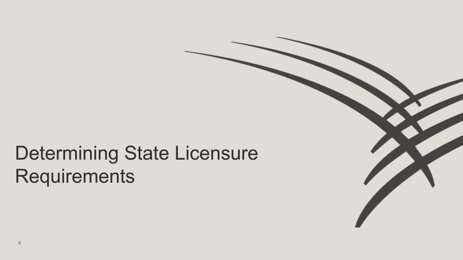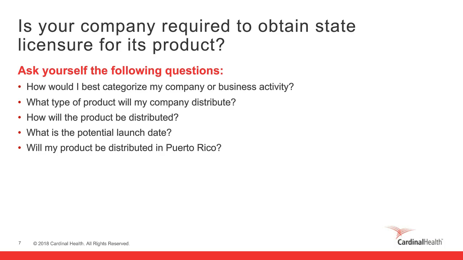If you've spent any time reviewing the state statutes and rules regarding state licensure, you've probably come away wondering, do I need state licensing? And if I do, which states are actually required for my company? In order to help make that determination, ask yourself the following questions. How would I best categorize my company's business activity?